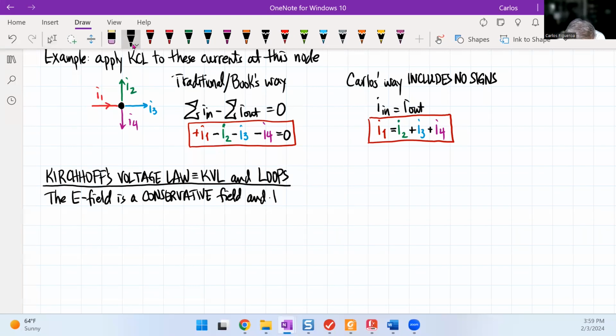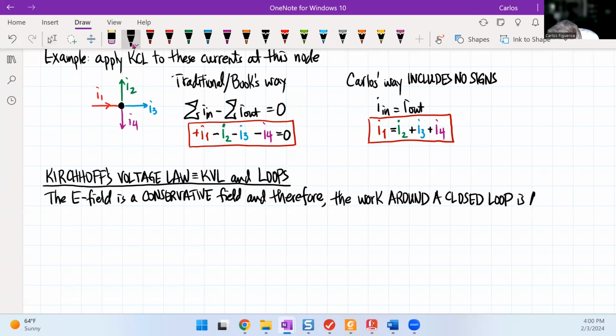And therefore, the work around a closed loop is always 0. That's what allows us to find a potential function.